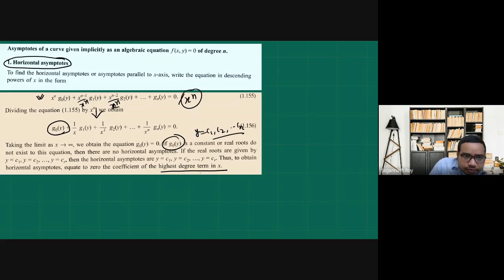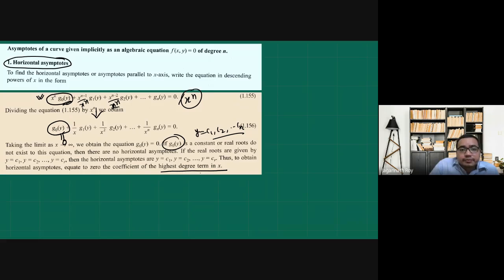Whatever the mechanism we use, we are only bothered about the term with the highest degree of x. We equate its coefficient, which is a function of y, to 0, and try to find the asymptote.